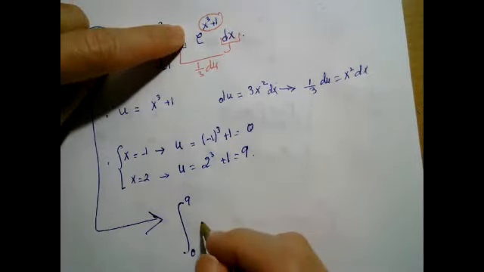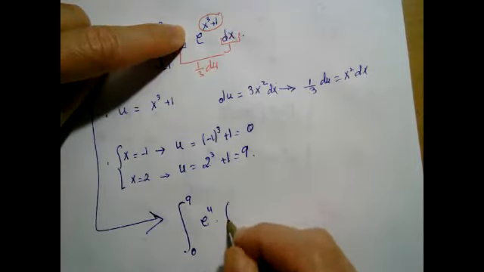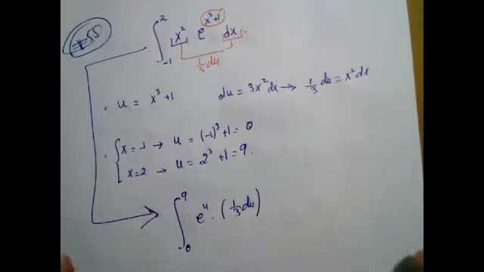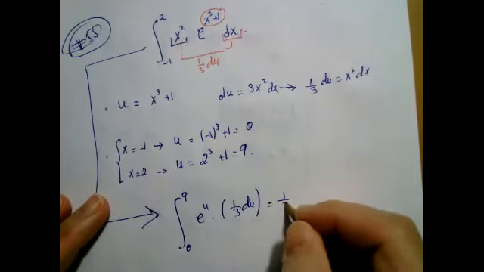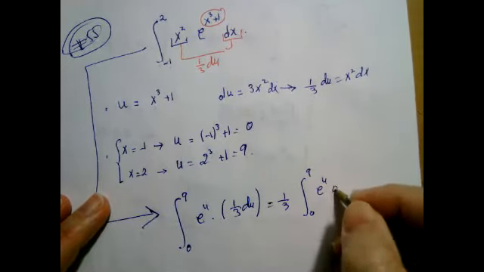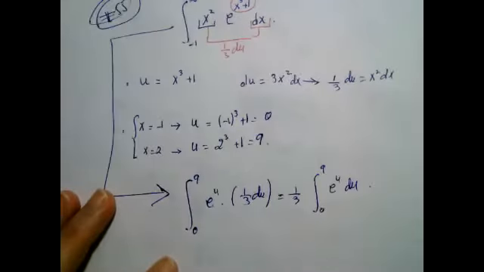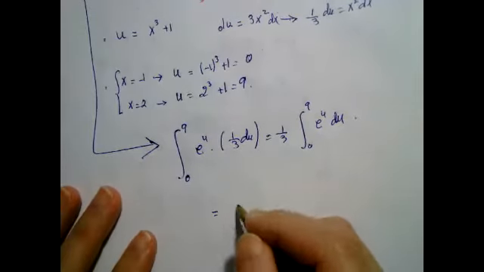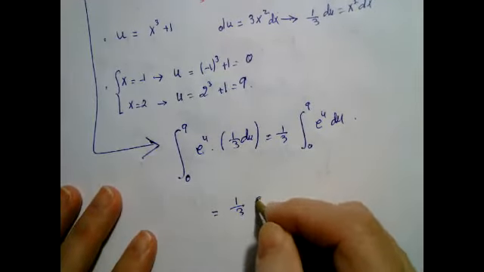And this is e to the u times a third du. Now, 1/3, I can pull it out, leaving me with that. And then I am actually done at this stage. I changed my limits, so I don't have to go back to x anymore. So it's a third. I'm listening.